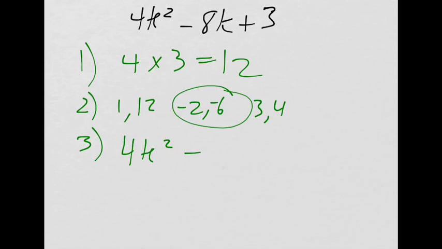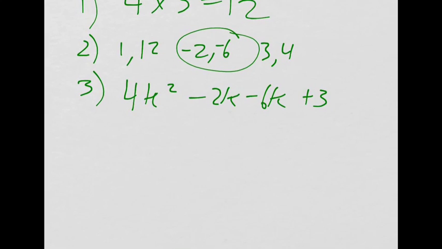So it would be negative 2k minus 6k. And then what's at the end? Plus 3. Follow? Okay, so again, we haven't changed the value at all. We've just taken this middle term and we split it in 2 based on our information from the last step. Good? Am I going too slow? No? Okay.